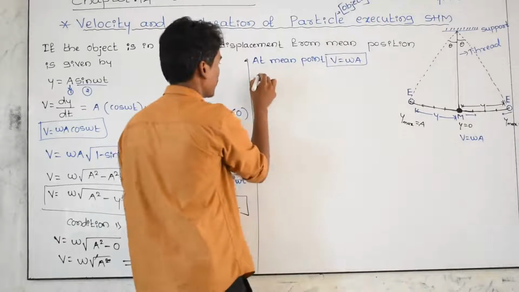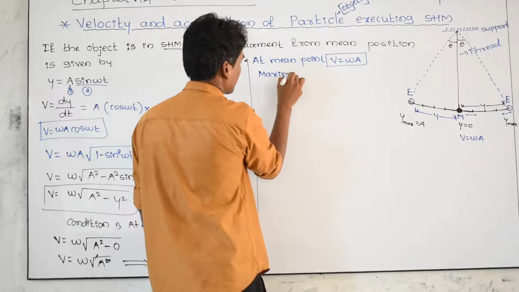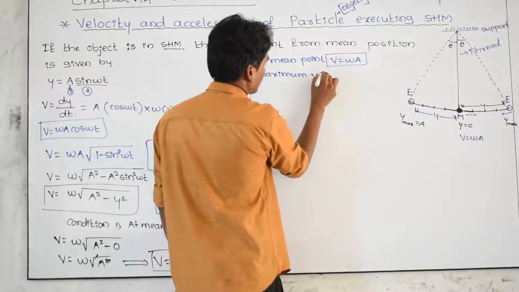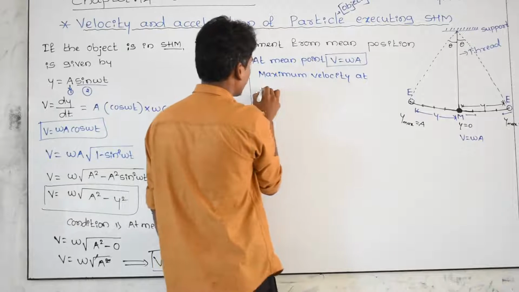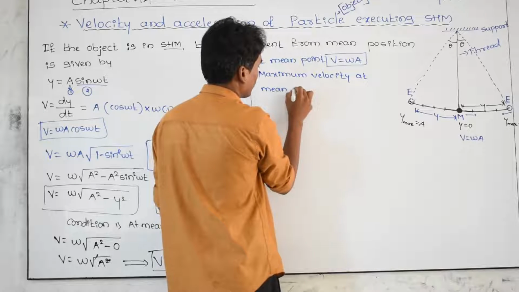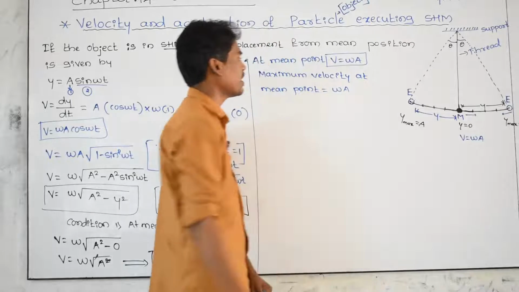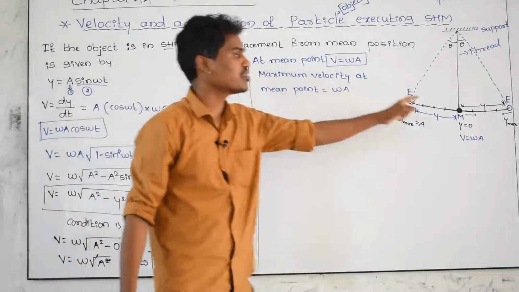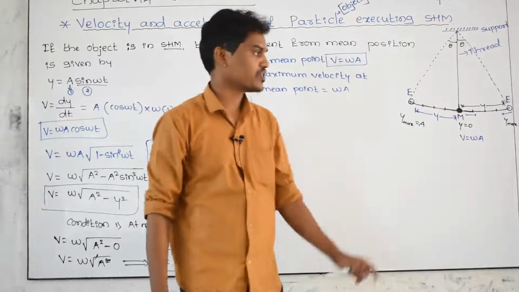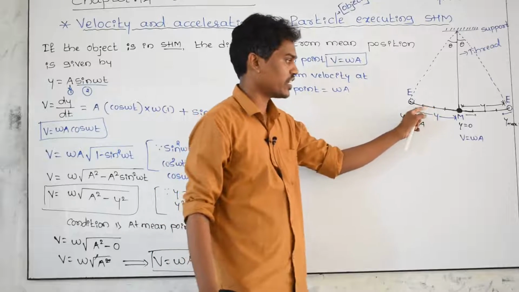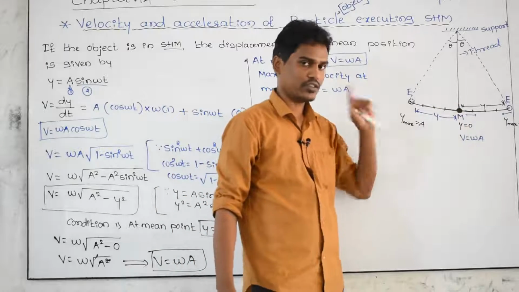This is the maximum velocity at the mean point: maximum velocity at the mean point is equal to omega into A. Why am I calling it maximum? Because it does not become 0 here. Whenever the object is in oscillation, its velocity is maximum at the mean point.